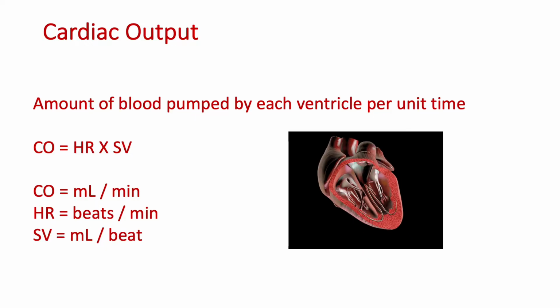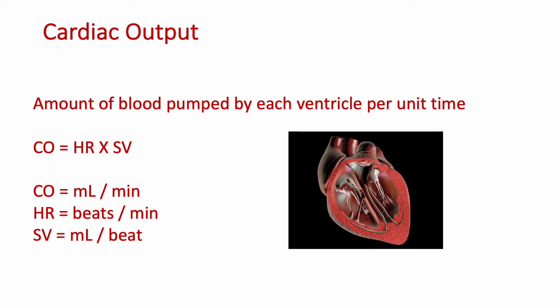Cardiac output is the amount of blood that's going to be pumped by each ventricle in a given amount of time. So the components of cardiac output, or CO, are heart rate and stroke volume. Recall when we initially started talking about all this, we said the role of the cardiovascular system was to provide adequate perfusion to the tissues.